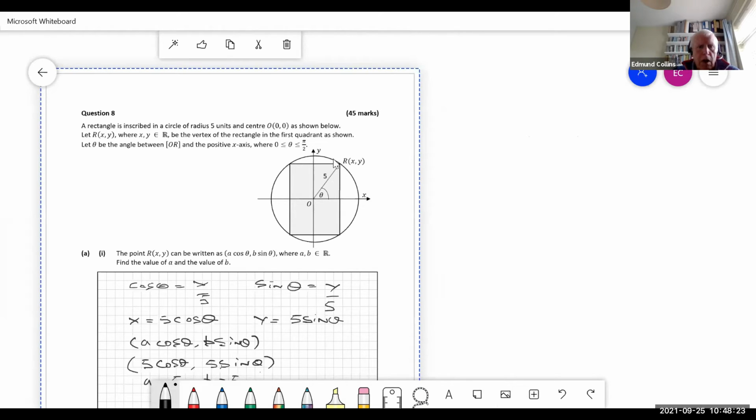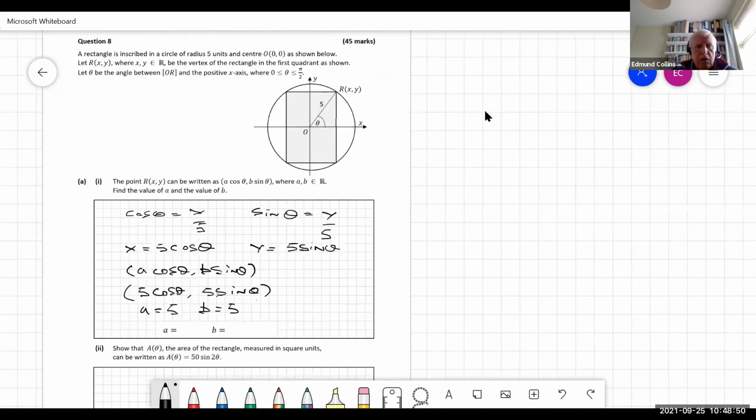But to calculate the area of the rectangle, it's going to be this length here by this length here. We can see that this length is going to be 2x, this length is going to be 2y. So our total area here is going to be 2x multiplied by 2y.